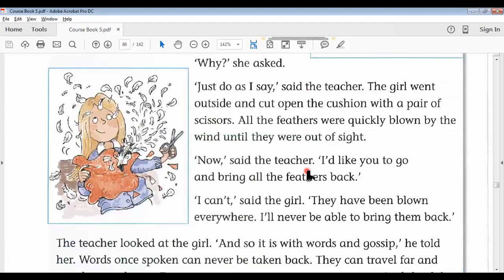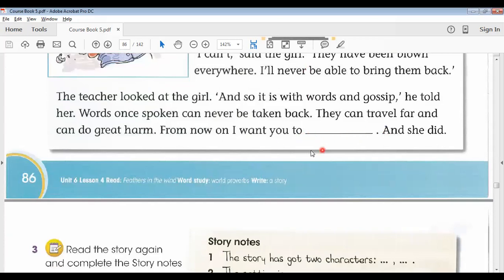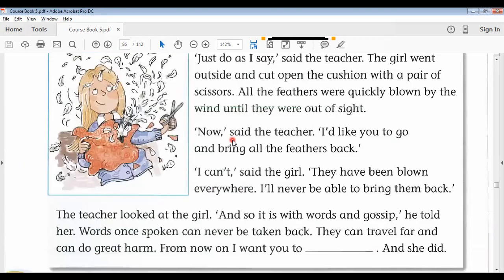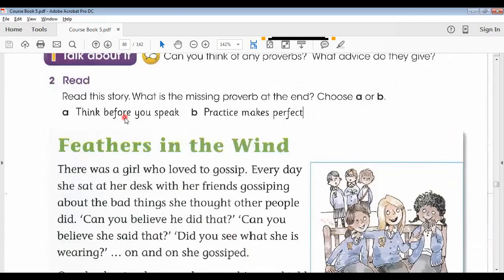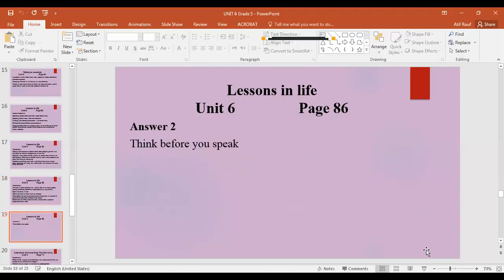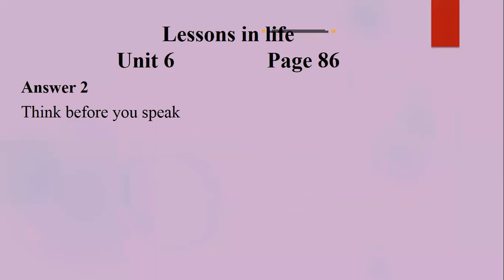I asked the students to read the story one by one, and then I asked them to complete this blank. So they read the story and then they chose the proverb. It's very easy to choose. Think before you speak. Then I displayed the answer as well. So here is the answer for activity 2 on your screen right now.